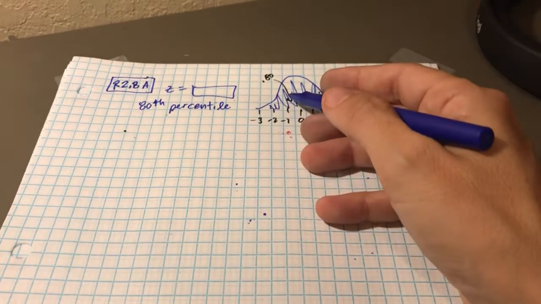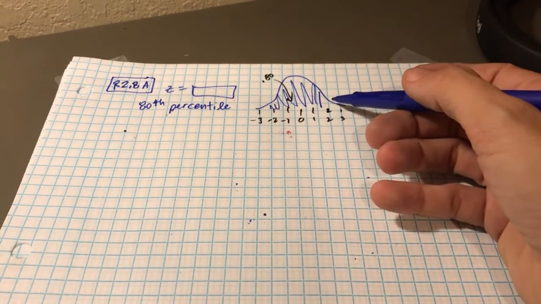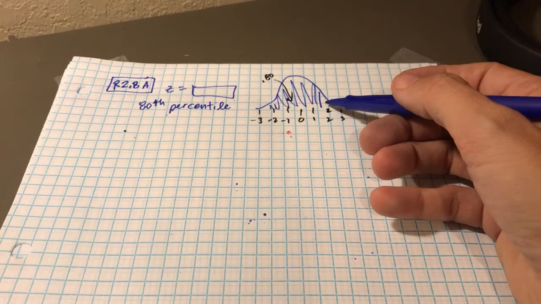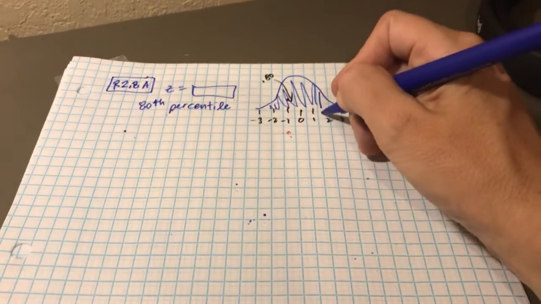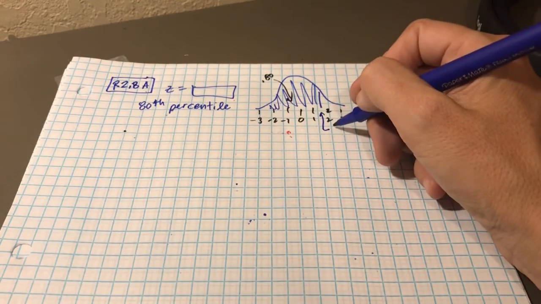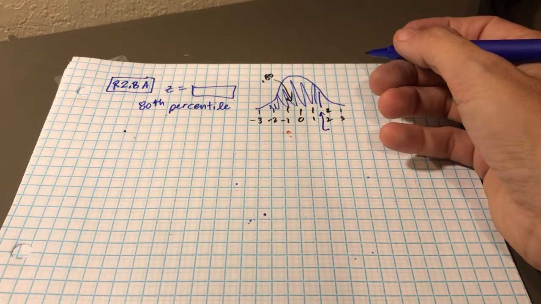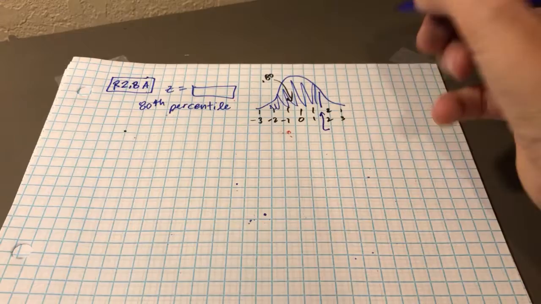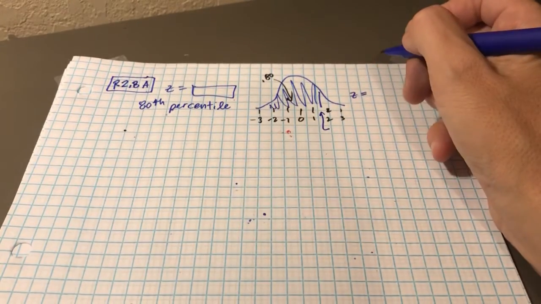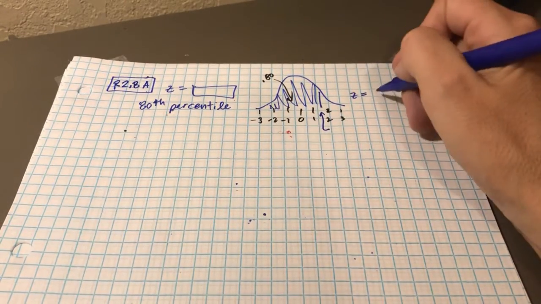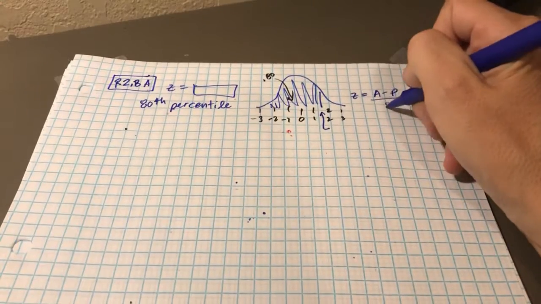Okay, now can I find my z? Absolutely. Finding my z, I need to get this location right here. And the way I typically do this is I just use the formula. So, AP statistics.